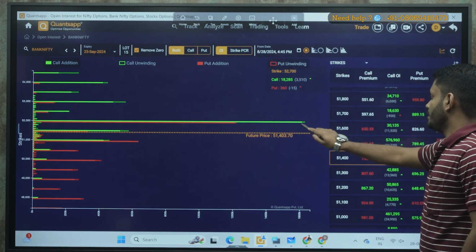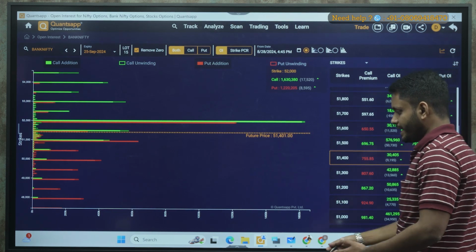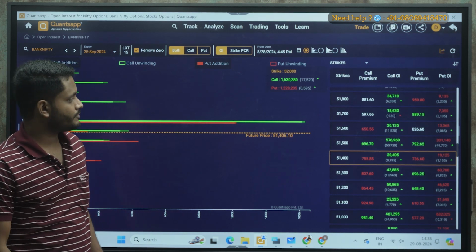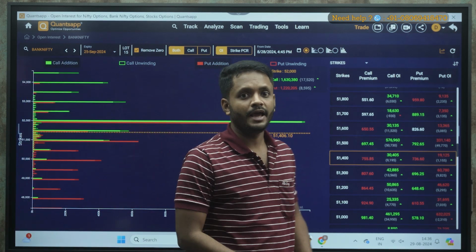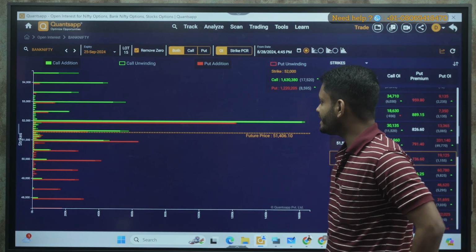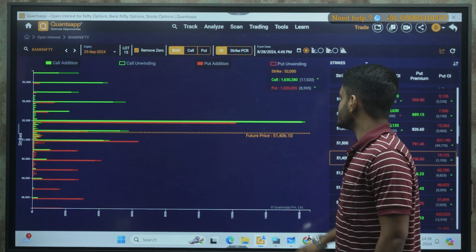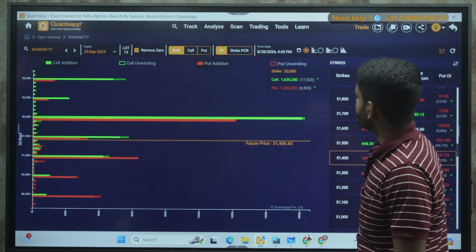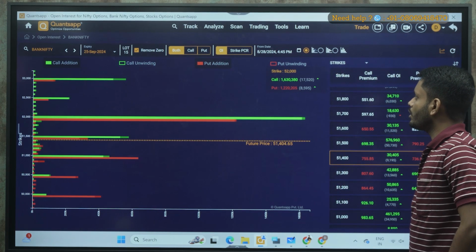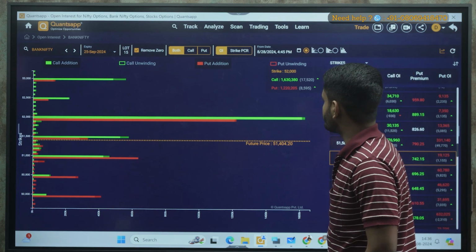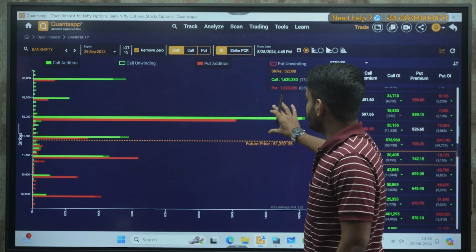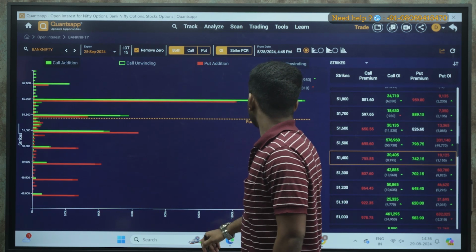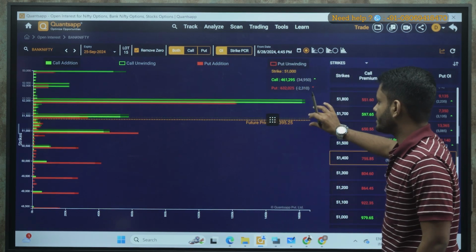So for the immediate expiry, 51,500 and 51,000 are the crucial levels, and if you are aiming for the monthly expiry, then 52,000 is the level to watch out for on the upside. And for a decent support, I can see it somewhere around 51,000, correct?